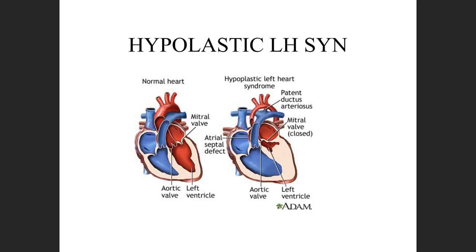And in the case of the hypoplastic left heart syndrome, the ductus arteriosus, in fact, provides blood to the pulmonary circulation as well as to the descending aorta. Any questions?